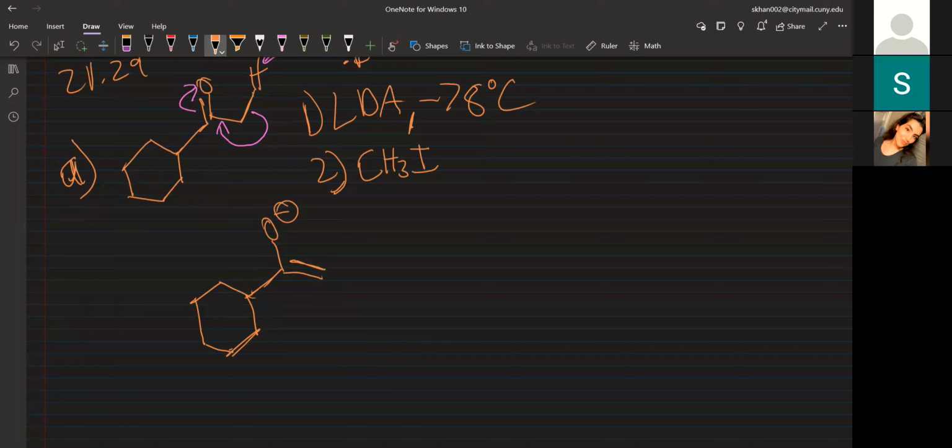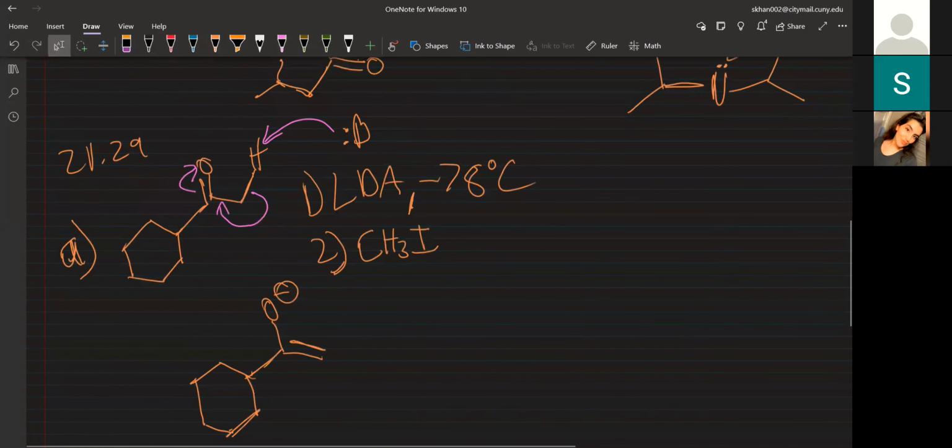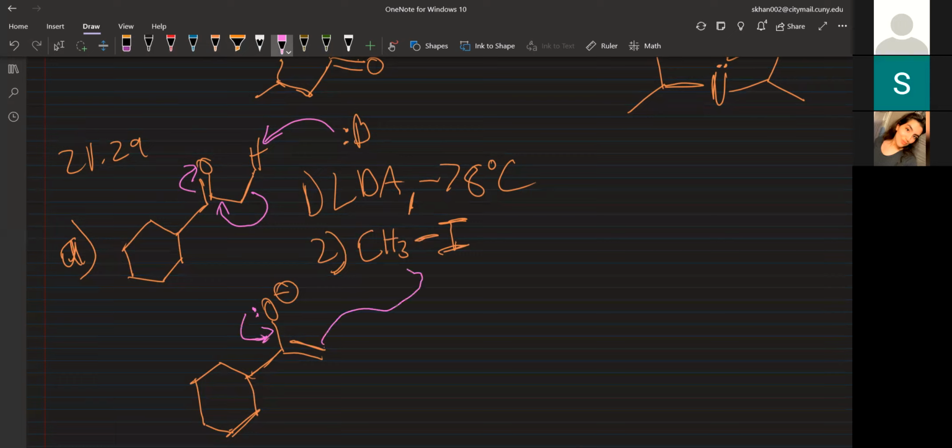So if I draw this out a little bit, the enolate should attack the carbon there.